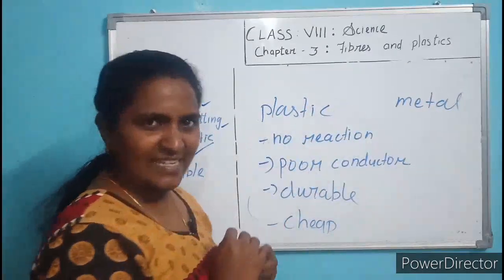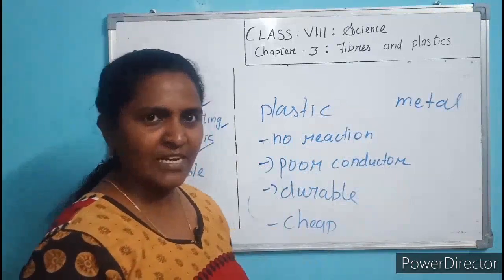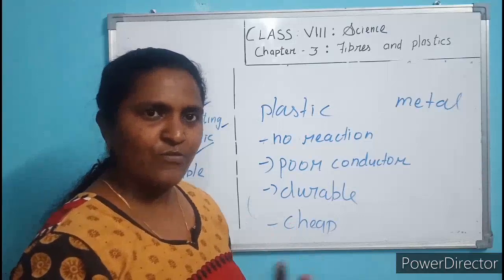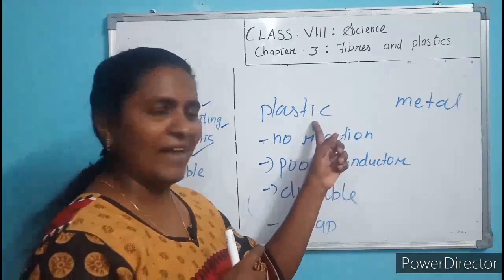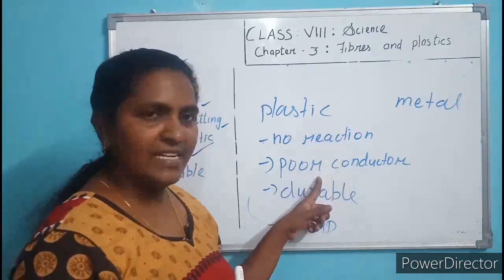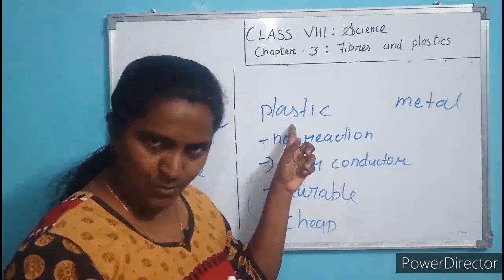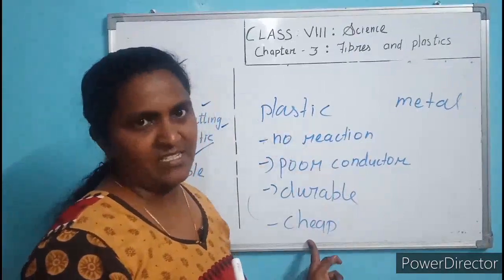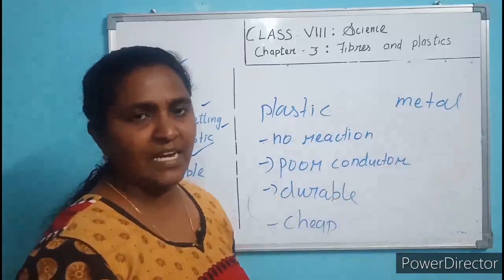It is less reactive, it doesn't react with any food materials. So we can keep any kind of food in a plastic container. Second, it is a poor conductor of heat and electricity. It is durable. It is very cheap. So people prefer plastic rather than metal containers.